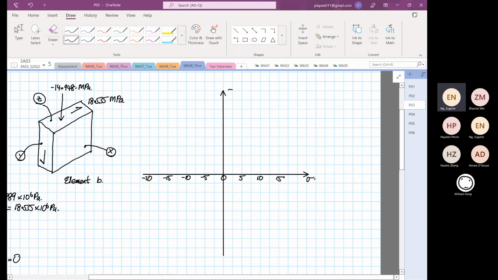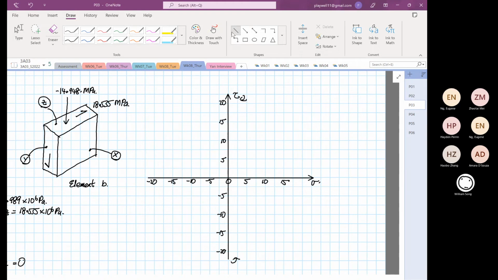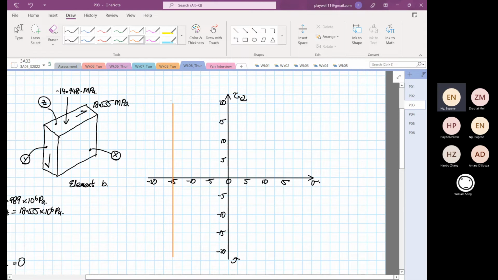Shearing stress, element rotate clockwise, element rotate anti-clockwise, 5, 10, 15, 20, minus 5, minus 10, minus 15, minus 20. Okay, so our normal stress is at minus 14.948. It's approximately at 50. So this is our stress Z line.